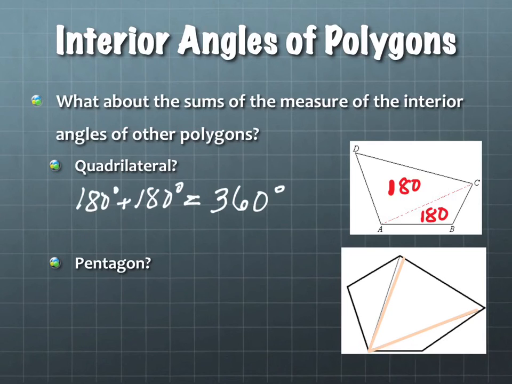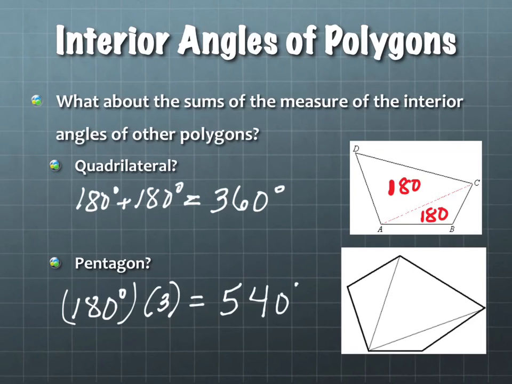So in other words, I couldn't split it differently, and that'll come into play in a more prevalent way in a moment. But I have 3 triangles, so there's 180 times 3. 180 times 3 is what? It is 540.